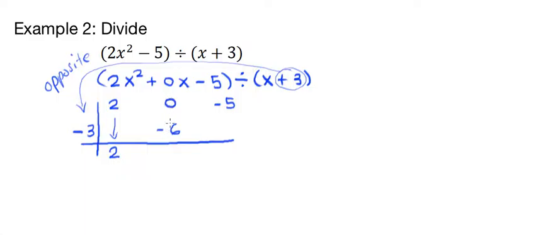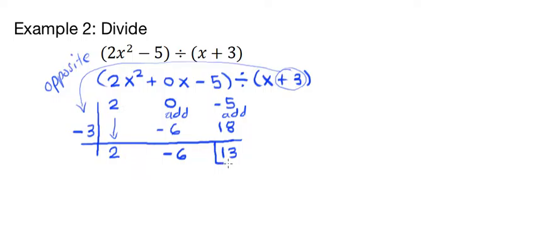Then we add these two guys, add 0 plus negative 6. Let's write this word add here. Please remember, it is minus 6. Then we multiply again. Negative 6 times minus 3 is positive 18. And then we add these two guys finally to get the number 13.